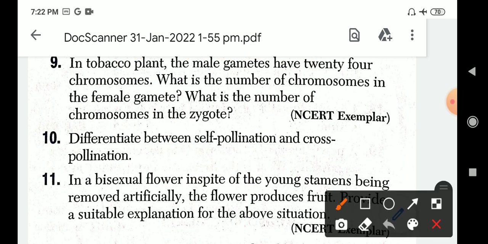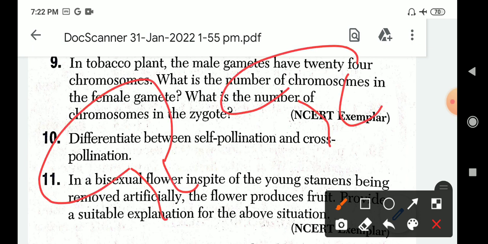And in cross pollination, there is transfer of pollen from the stamen of a flower to the stigma of a different flower. Suppose these are two plants, right? Now pollen from this plant is transferring to the stigma and ovary of this other plant.